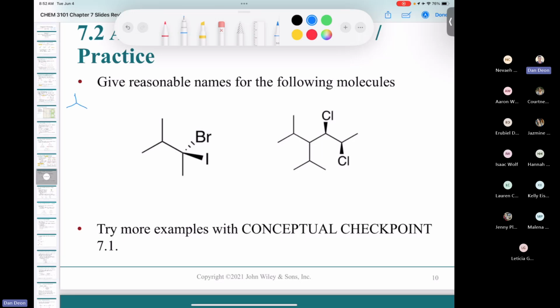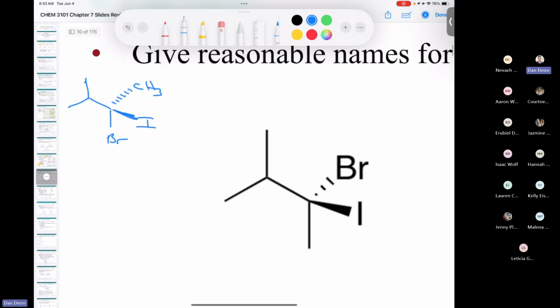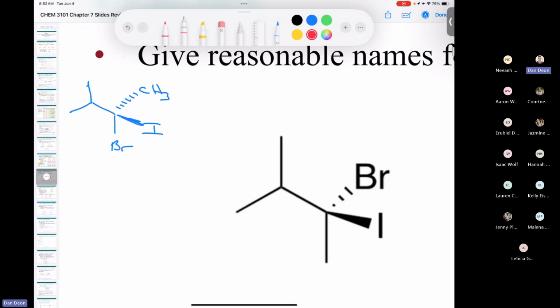So we'll put it like this. We'll put the bromine going down. The iodine doesn't change. And then we'll put the methyl group in the back like this, okay? So now we're going to go from what did I do wrong here?